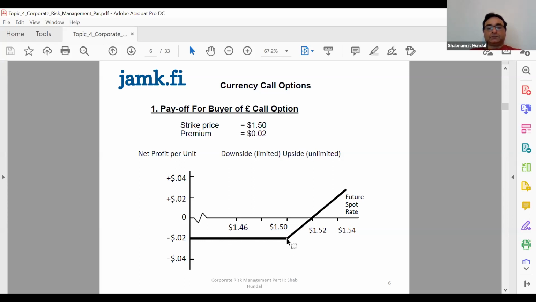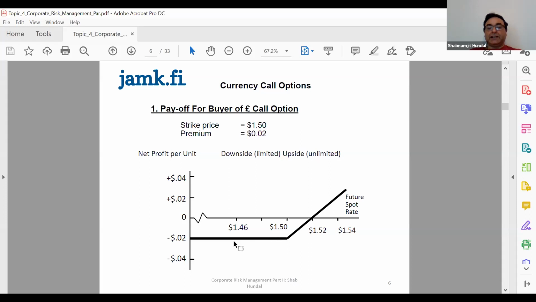Then comes at the money, ATM. When the strike price 150 is exactly equal to the market price, the spot price, the spot rate, then it's at the money. And if the market price, meaning the spot price, the spot rate, is more than the exercise price, then the option is in the money, ITM.